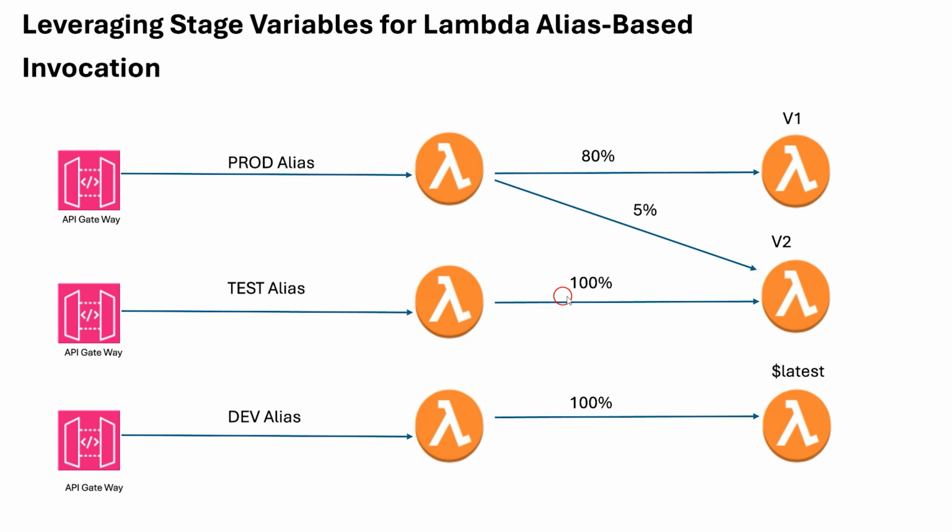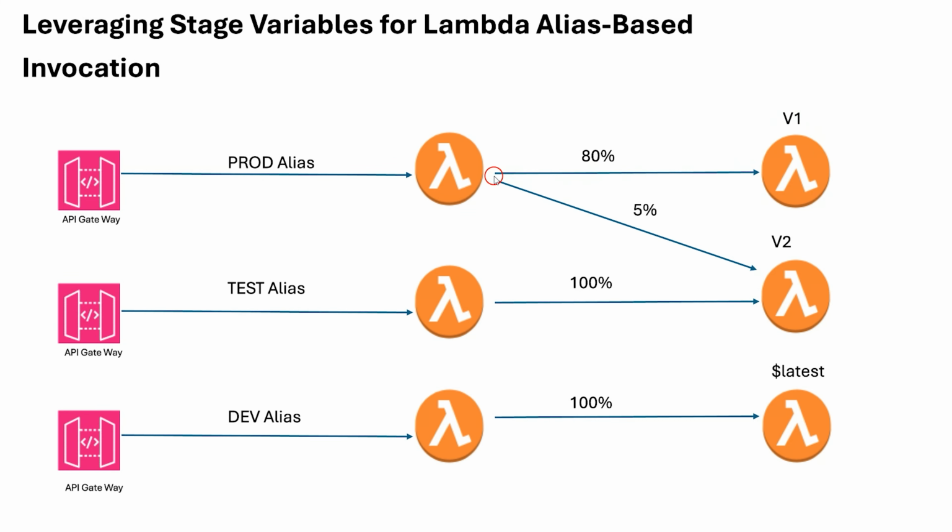And here also we are saying we can use this version 100% for this particular alias, so that all the requests will be routed to v2. And in production, the stage variable will be configured as the prod alias, and the underlying backend Lambda again routes requests to v1, because the prod alias is pointing to v1 in this Lambda.